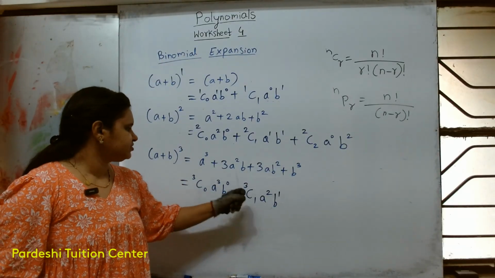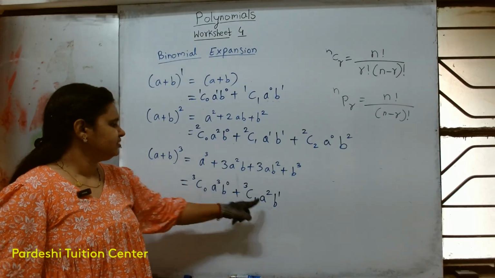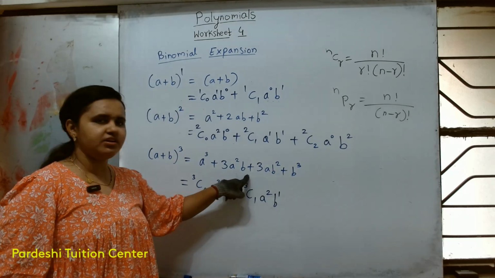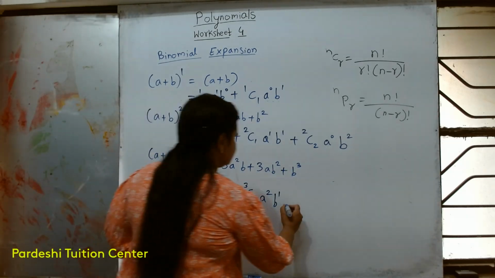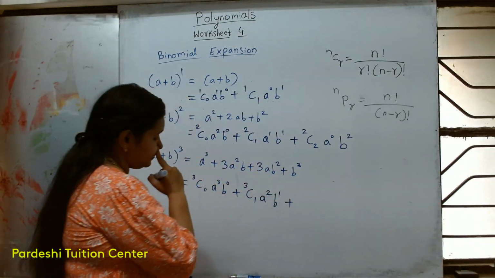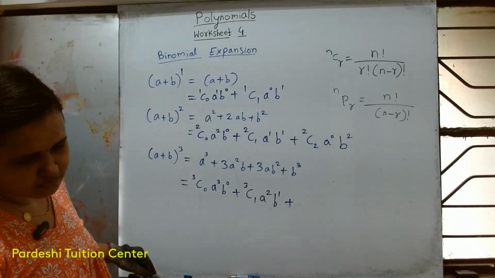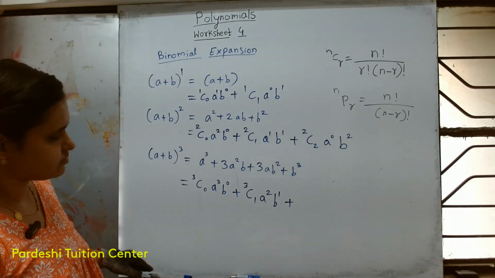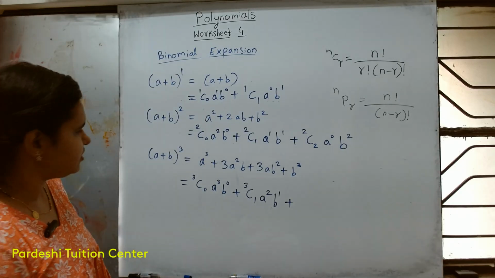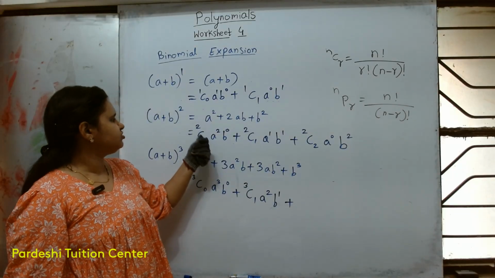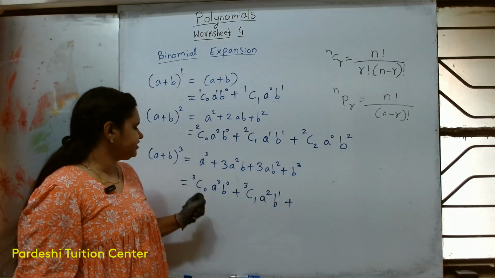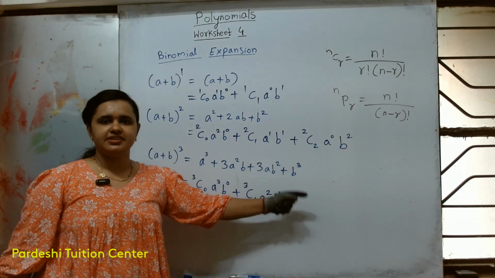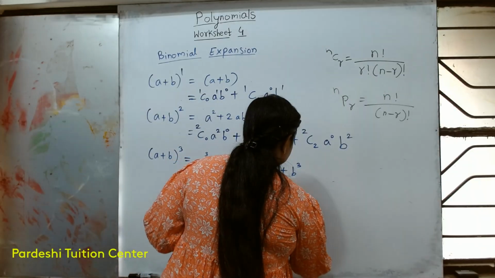Here 3c1 was 3, a square, b to the power 1, it is matched. Now again, it was 2c0, 2c1, 2c2, so what will it be? 3c0, 3c1, 3c2.